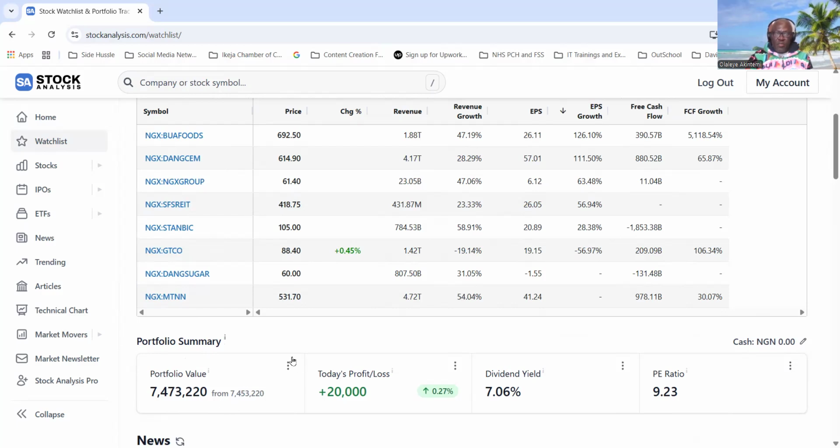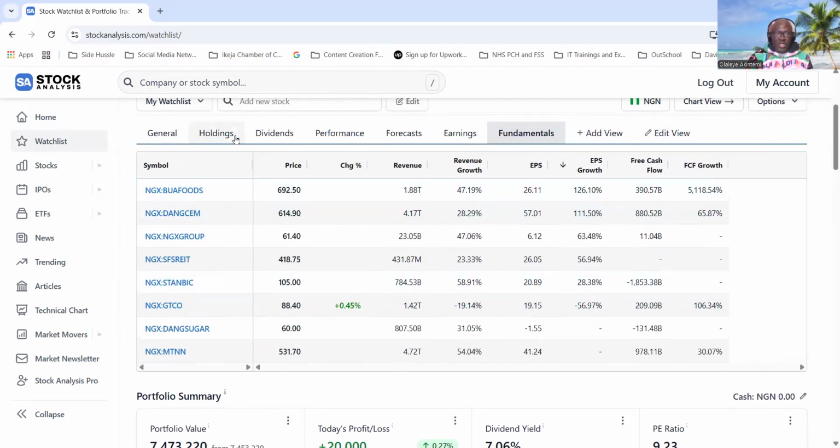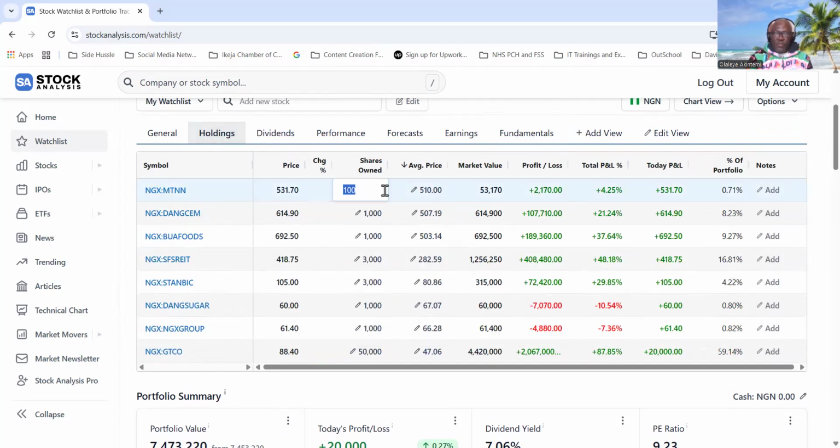So the summary of my portfolio. Okay, let me change this one back to the correct figure. The number of MTN stocks that I have is 4. And the average price, I think, is 503. Let me just check that figure.